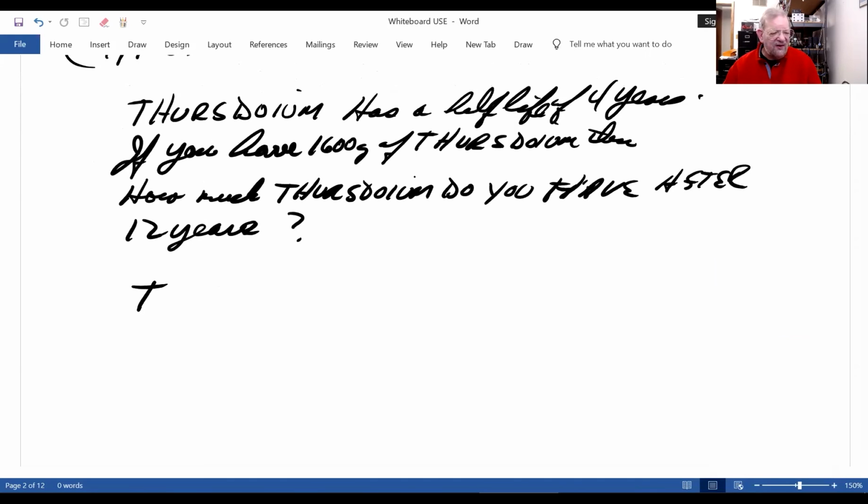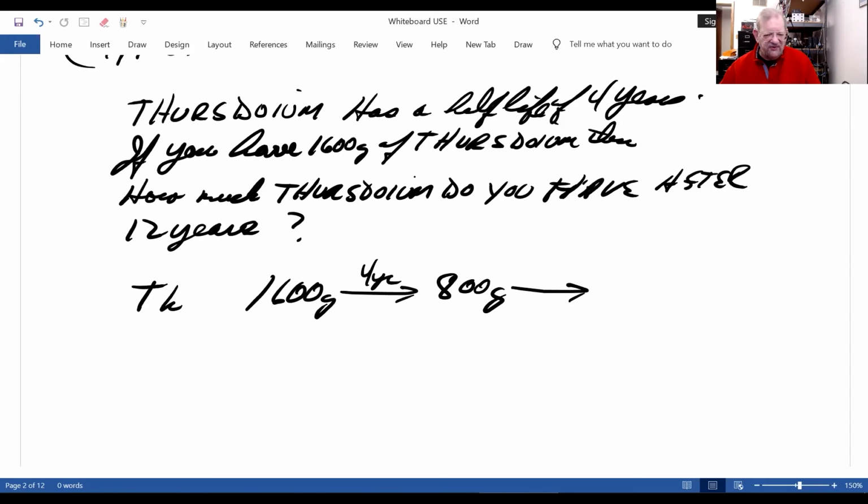Well, let's call it TH. You have 1,600 grams. Its half-life is 4 years. So after 4 years, you'll have half of that, 800 grams. Another 4 years, you'll have half of that, 400 grams.